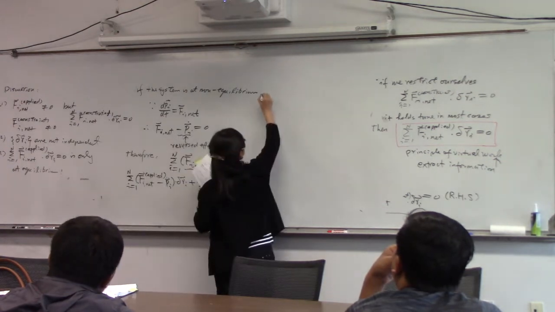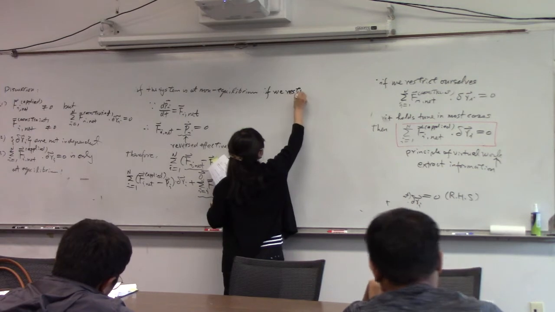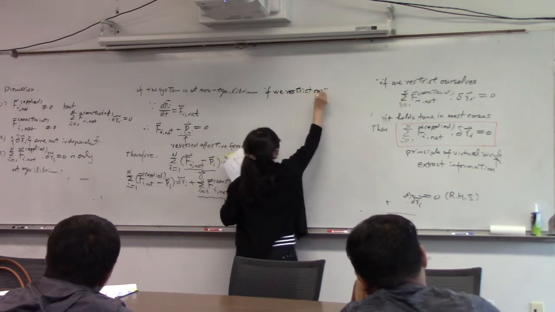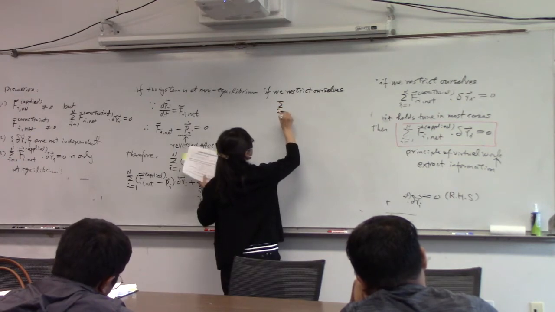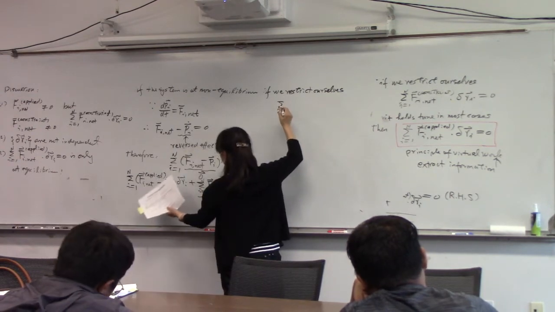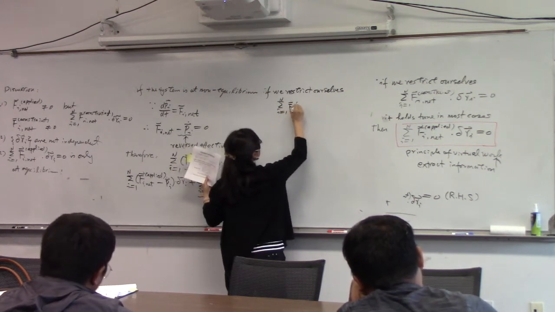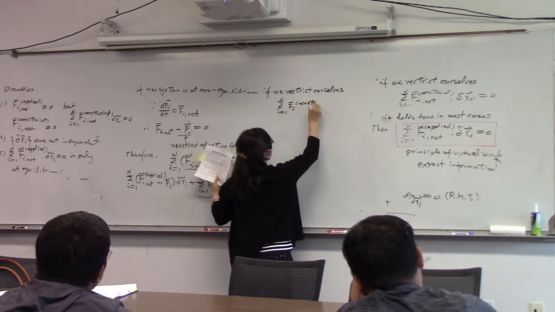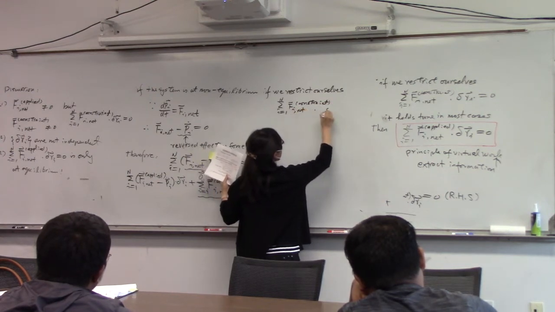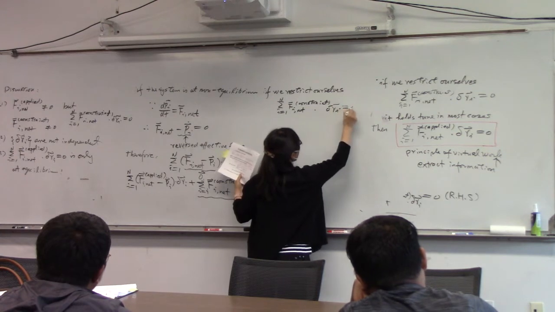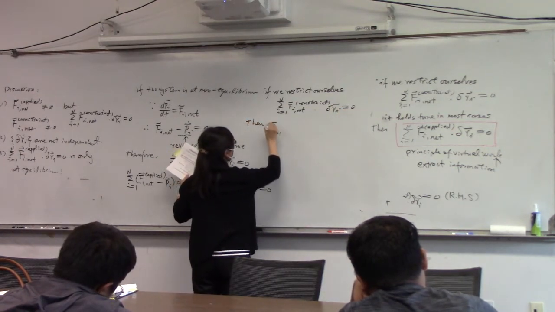Then, if we still restrict ourselves to only consider the work done due to the applied force, and the work done by the force due to the constraint we restrict to be a 0 case, then we can immediately get this result.